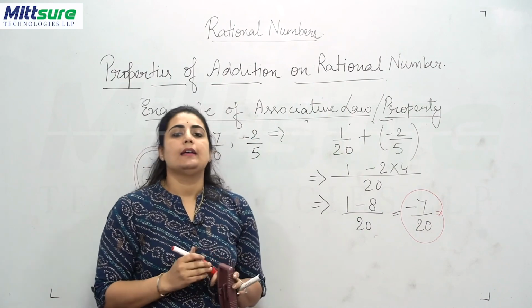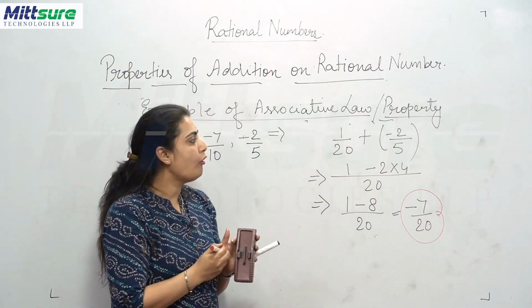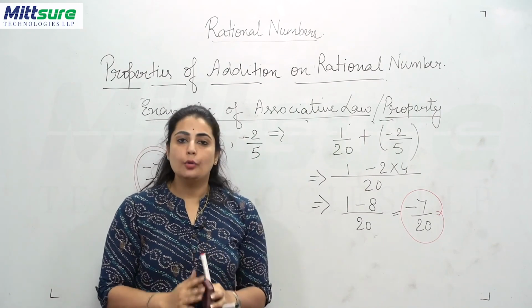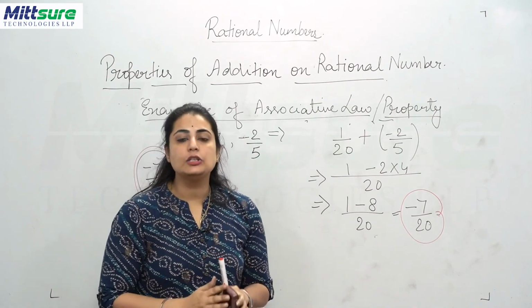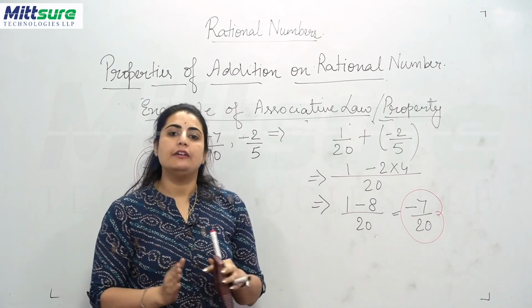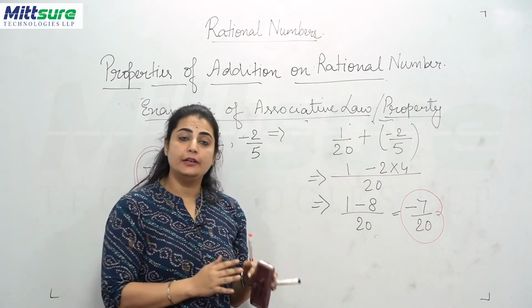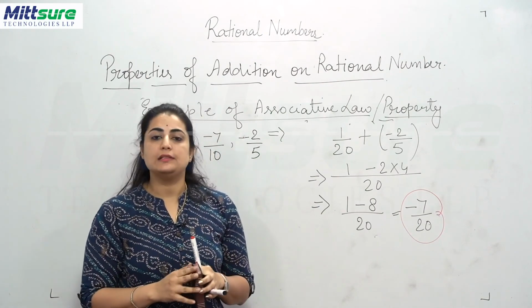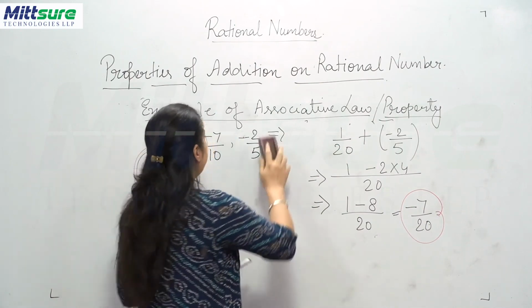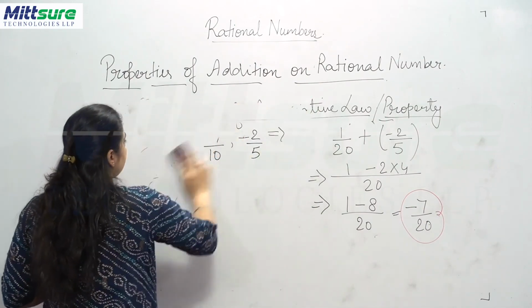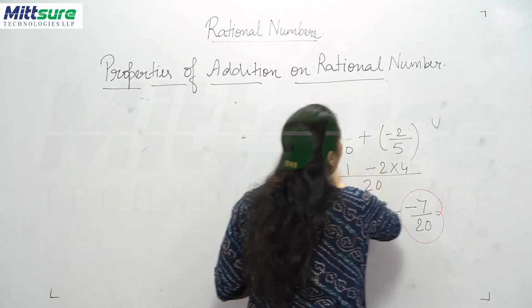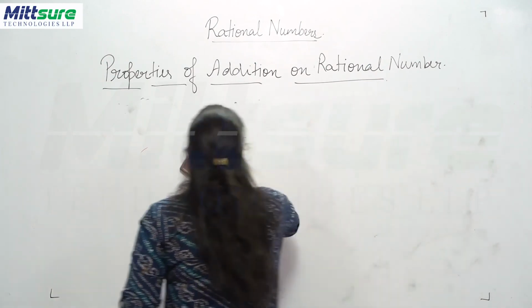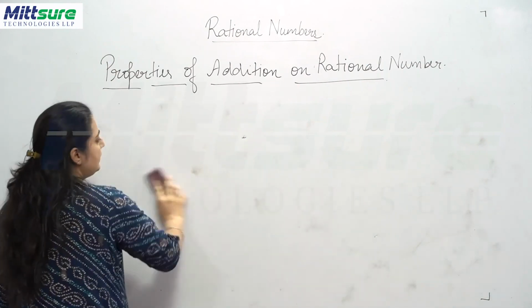So the associative property of rational numbers on addition says that there is no difference if you arrange the rational numbers in different orders or in different associations or in different groups, the sum remains the same. Now, after this, we will talk of the additive property of 0 on rational numbers.